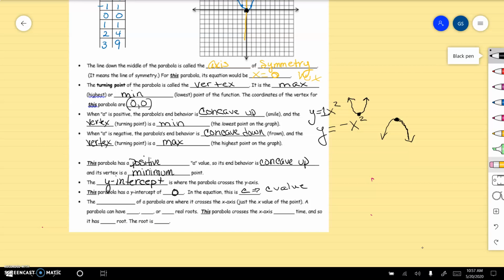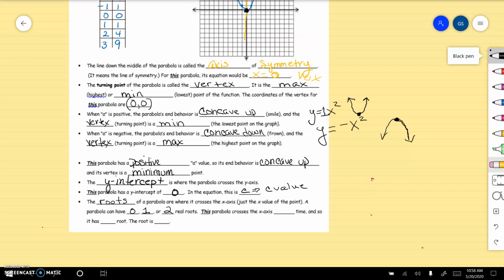The blank of a parabola are where it crosses the x-axis. This is called the roots or the zeros. We'll go back and forth, but we're going to call them roots for now. The roots of the parabola are where it crosses the x-axis, just like the x value of the point. So a parabola can have 0 real roots, 1 real root, or 2 real roots.